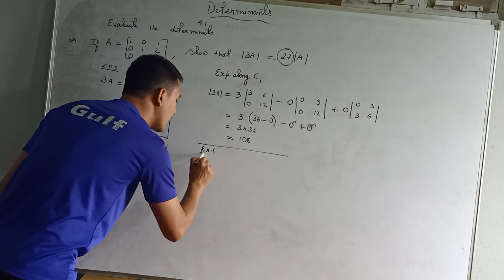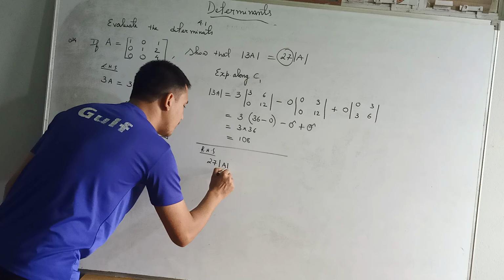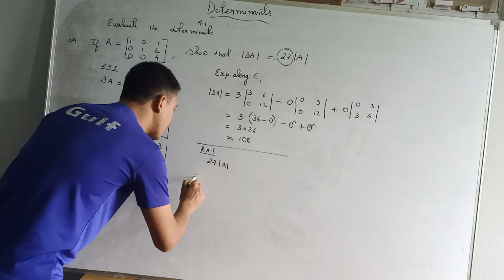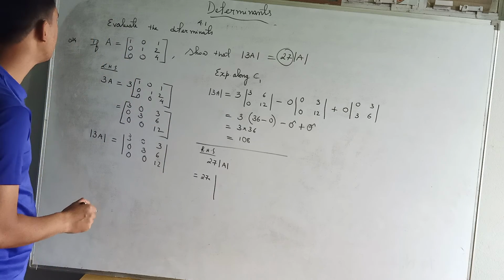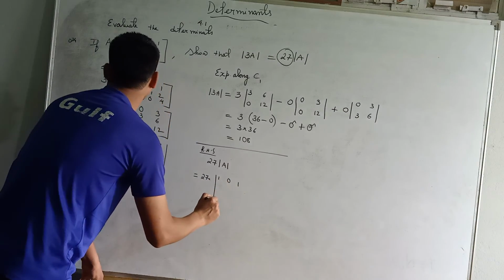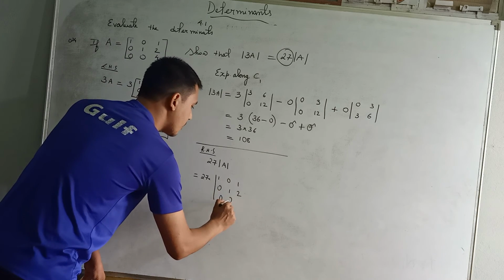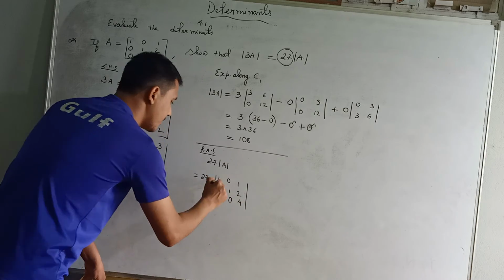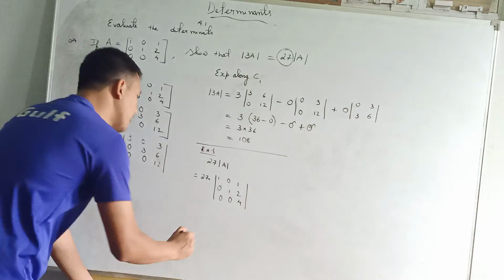On your right hand side we have 27 times determinant of A. What is your determinant of A? Your determinant of A will be 1 0 1, 0 1 2, 0 0 4. Column 1 and column 2 have more zeros, so expand along either column 1 or column 2.